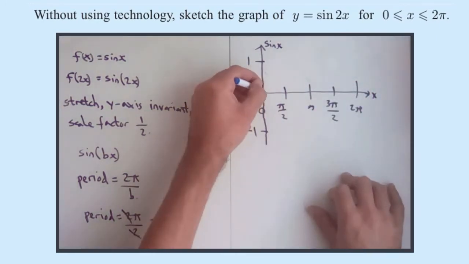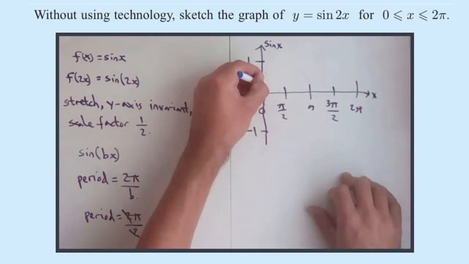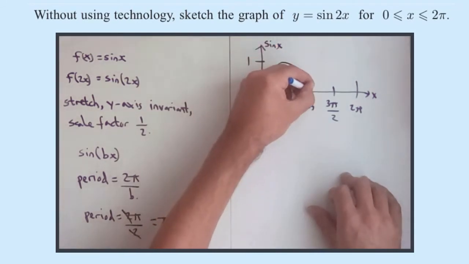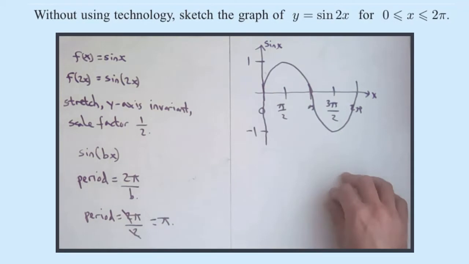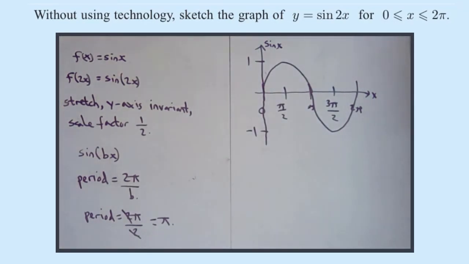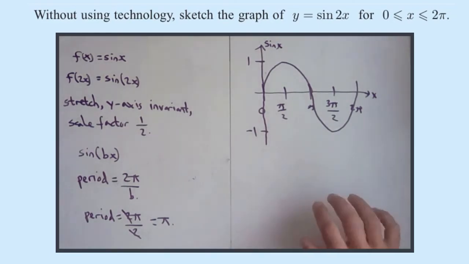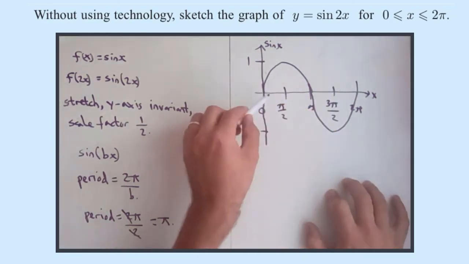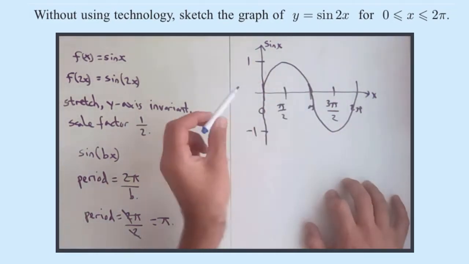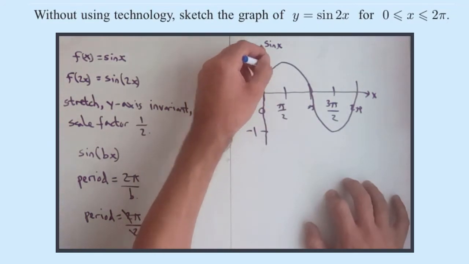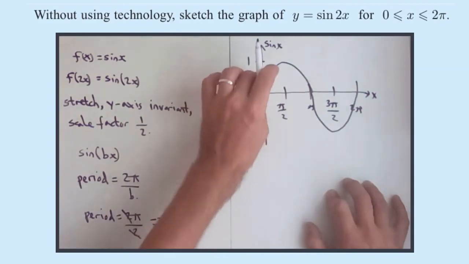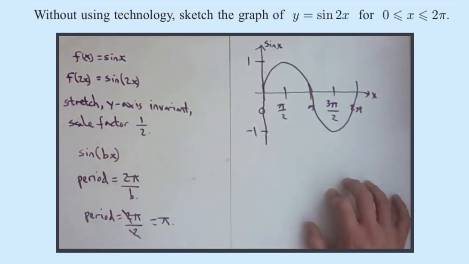And remember, it starts at 0, up to 1, down to 0, down to minus 1, back up to 0, something like that. Sine 2x, it's got a period of pi, so it's going to do one full wave in pi radians. It's going to get from here to here with one complete turn.